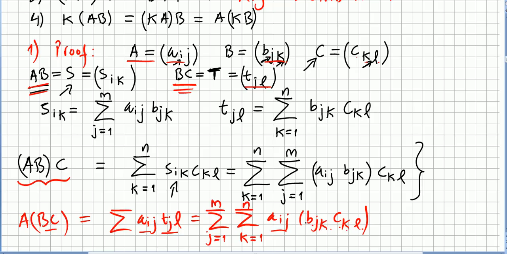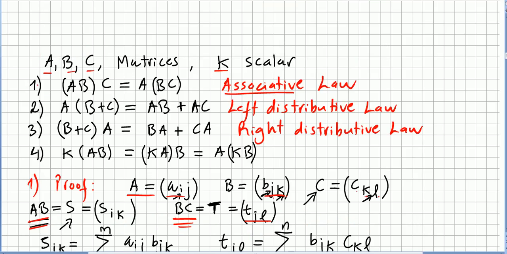So A times B times C is equal to A times BC, and the first law, the associative law, is proved. So we just proved the associative law: AB times C is the same as A times BC.